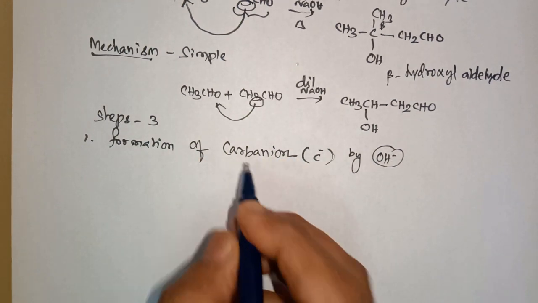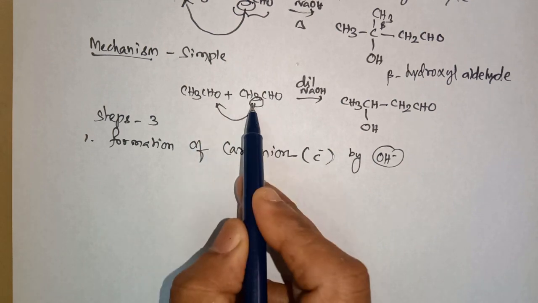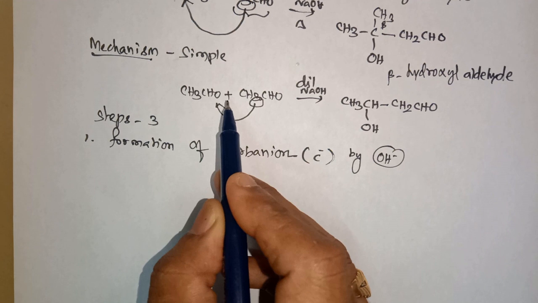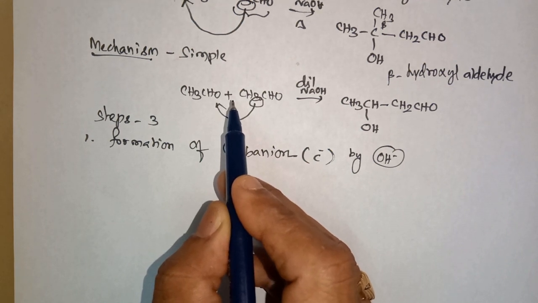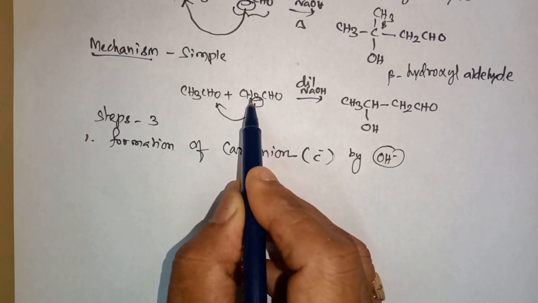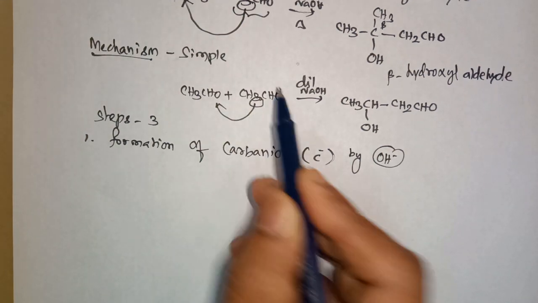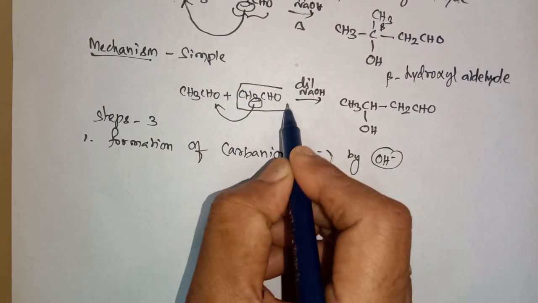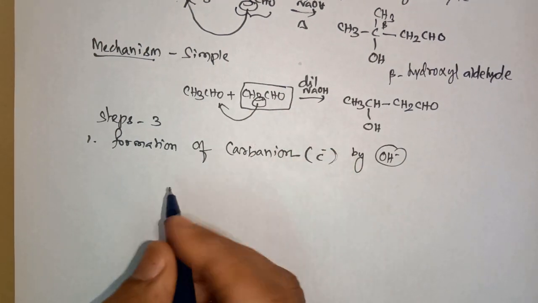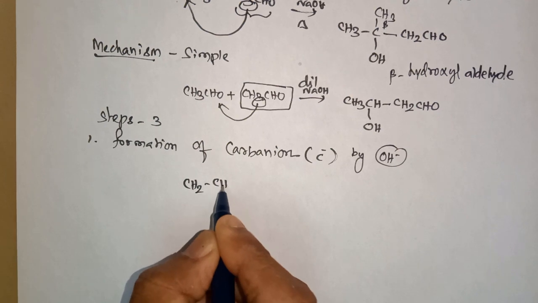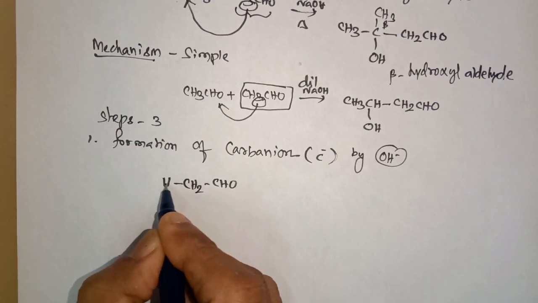This is carbanion. Here how many molecules are involved in this reaction? 2 molecules. First I take this molecule. Both these are the same, but you can keep in mind the molecule written second in this chemical reaction. For my convenience I write CH2 CHO and 1 hydrogen like this.